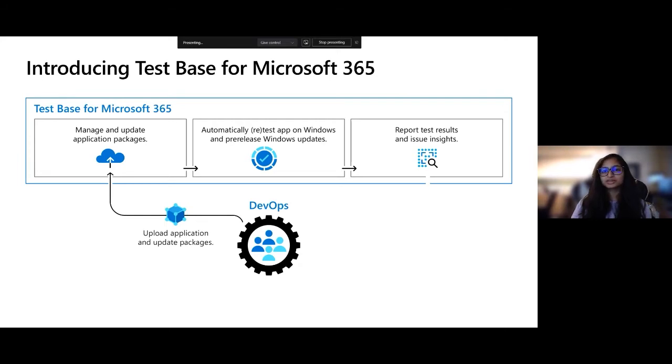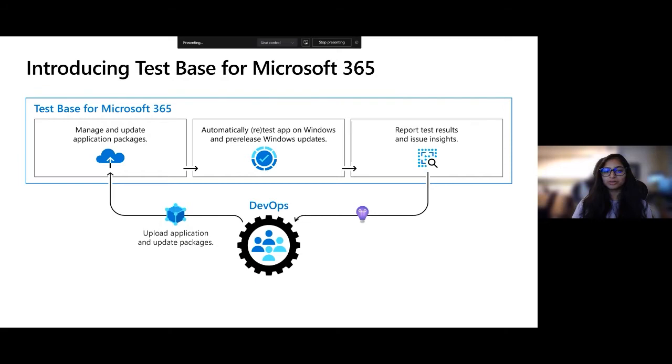Through this process, we report back to you any insights and analytics on the behavior of your applications ahead of time. So now you're able to receive updates and dive deep into insights and regression analysis of the package. If there are any failures, customers can leverage insights such as memory and CPU regression and remediate the packages as needed.